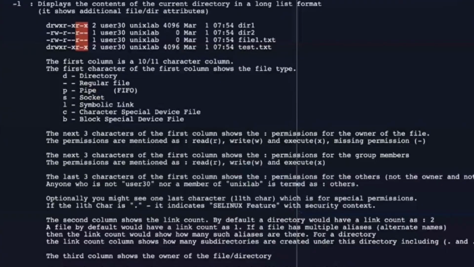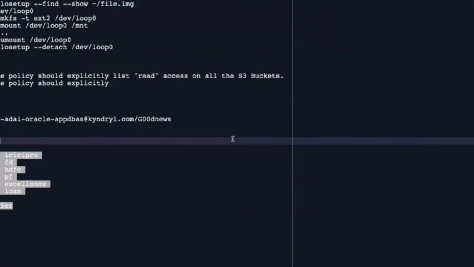All such people on the system are termed as others, and others would have any combination of read, write, and execute permissions. The most generic and liberal permissions possibly would be RWX, RWX, RWX, which means everybody can do everything.